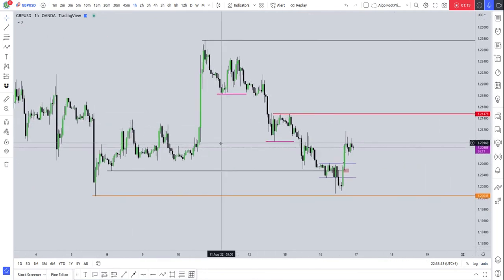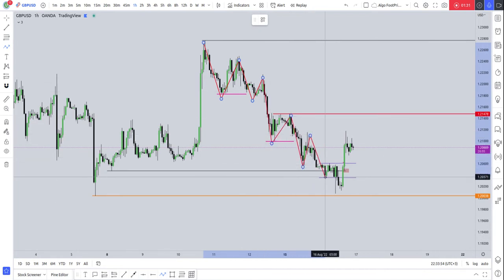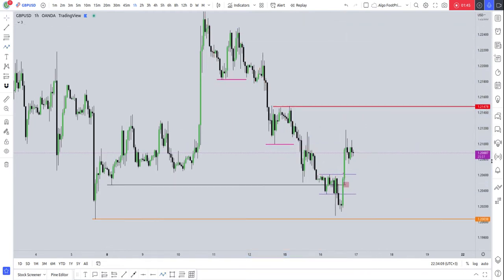Now within the 1 hour time frame, we see price making a high, a low, a swing high, a swing low, a swing high, a low, a high, a low, a high, a low. Let me zoom in.